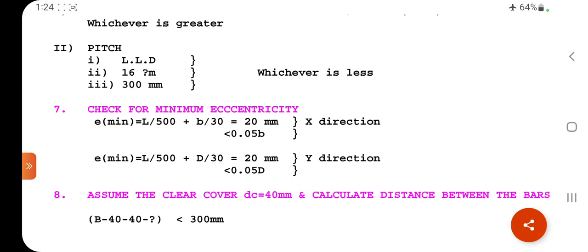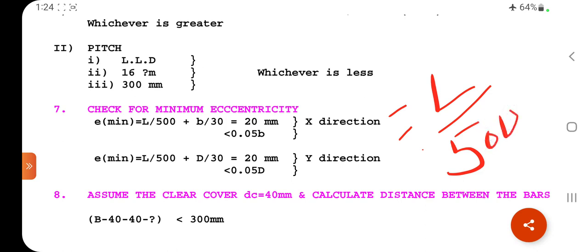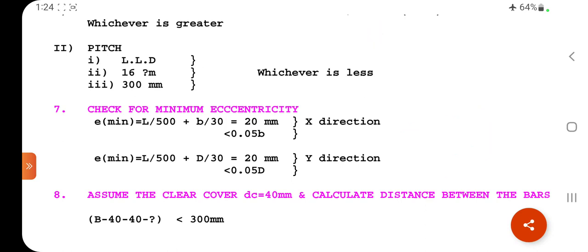The next is e minimum in the y direction. E minimum is equal to L upon 500 plus D by 30.